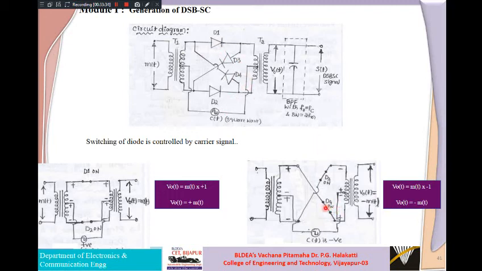In that case the circuit will look like this with center tapped, and because of the negative peak your m(t) is multiplied with minus 1 and you are getting minus m(t). Which means during the positive peak of the carrier you are getting plus the message signal as output, and during the negative peak of the carrier you are getting minus the message signal. That is V0(t).